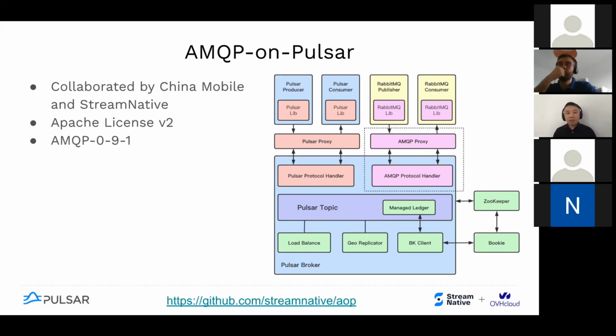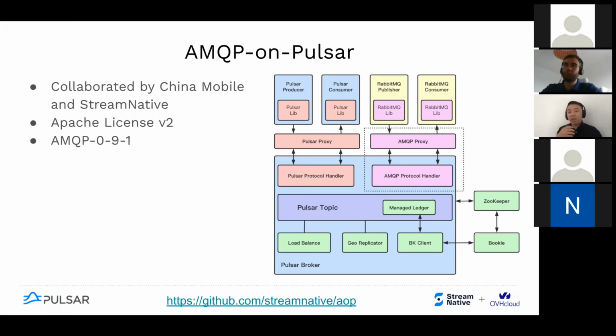So that leads into the creation of AMQP-on-Pulsar. It's a joint work between China Mobile and StreamNative. China Mobile uses AMQP a lot, and they need to scale up their AMQP clusters to a more distributed architecture.